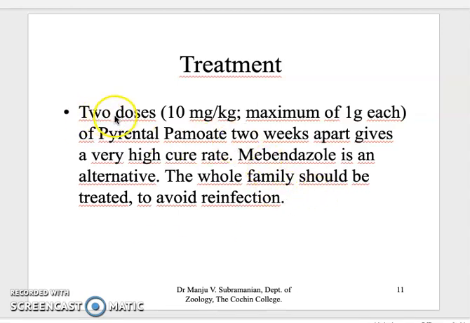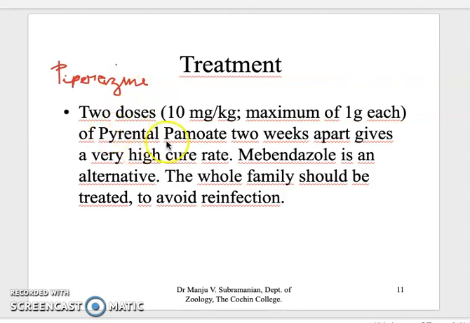The treatment involves 2 doses of pyrantel pamoate for 2 weeks. Piperazine is also used, so it is another drug which is used, though it is rarely given.